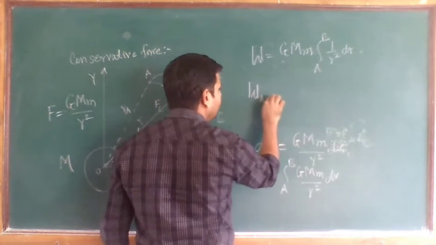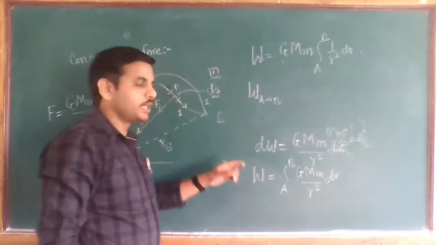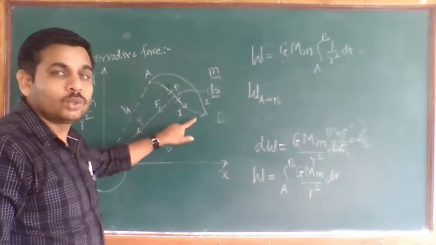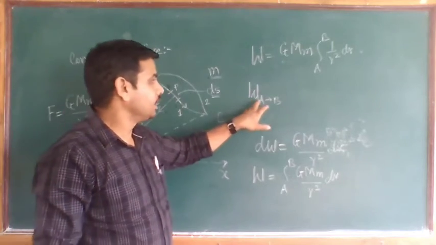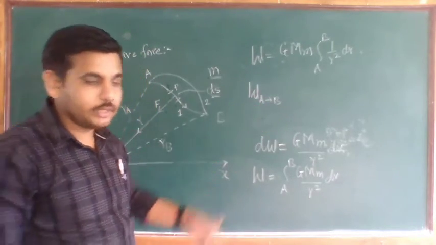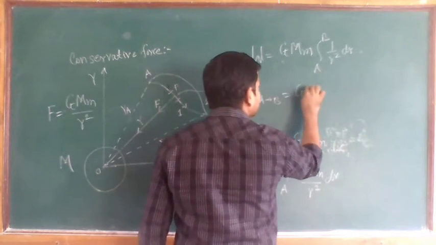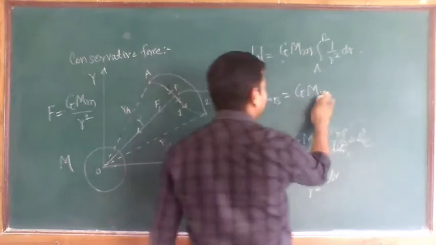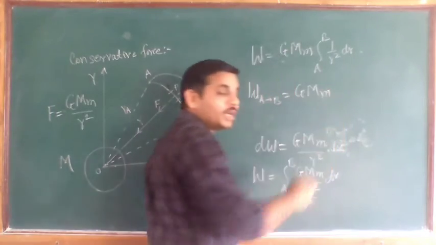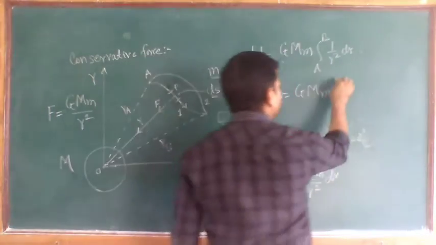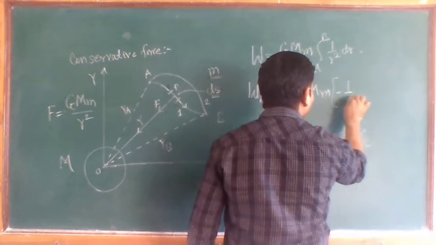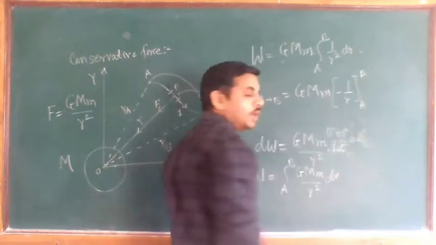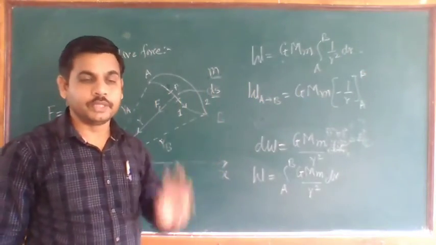This particle, or this body which has mass m, is moving from A to B. So we can write the work done from A to B, which is nothing but GM into the integral of 1 upon r square, which is minus 1 upon r, from A to B.